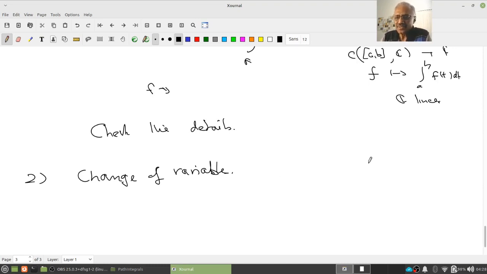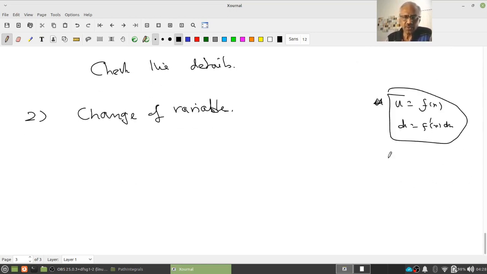So what did you do? You put something u equal to f of x, then du equals f prime of x dx, etc. Do you remember such things? That's what we want to do. So let us do that.